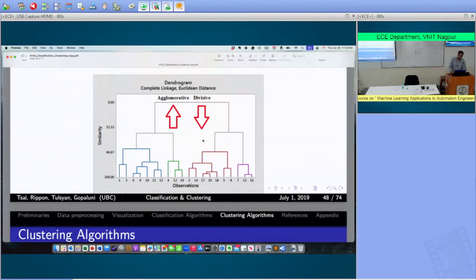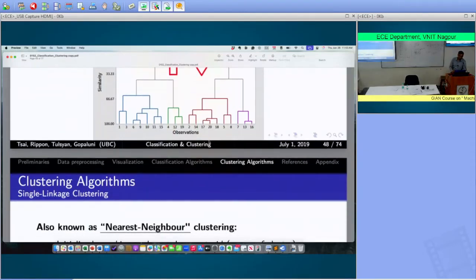Divisive clustering involves going the other way around, where you start with all your data, split it into two clusters, and then you keep splitting it further using a metric that determines the variance in each of those clusters. Okay.